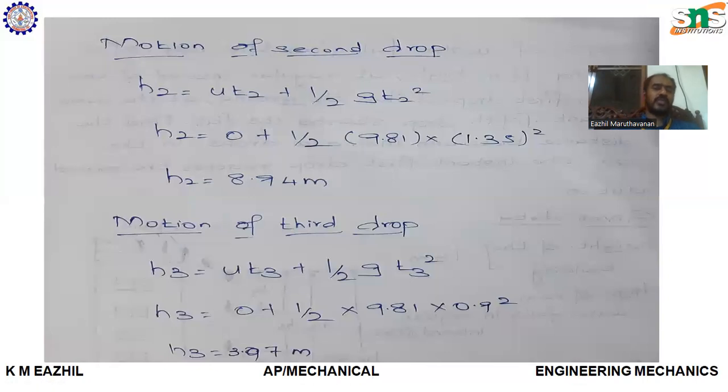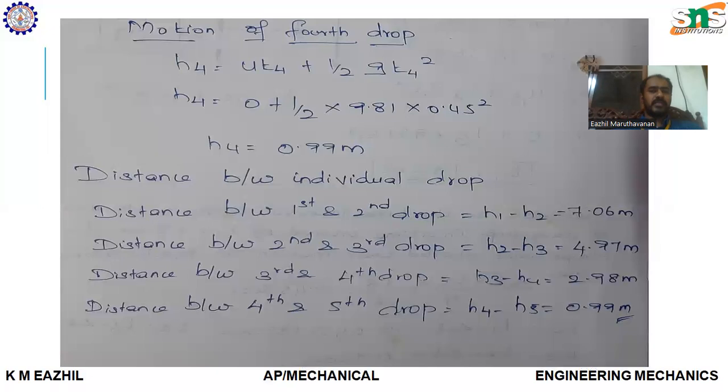To find the height of the second drop, we substitute the T2 value in the same equation. H2 is equal to u T2 plus half g T2 square. Therefore, H2 is equal to 8.94 meters. Likewise, for the H3 value, H3 is equal to u T3 plus half g T3 square. By substituting the T value in the same equation, we get H3 as 3.97 meters.